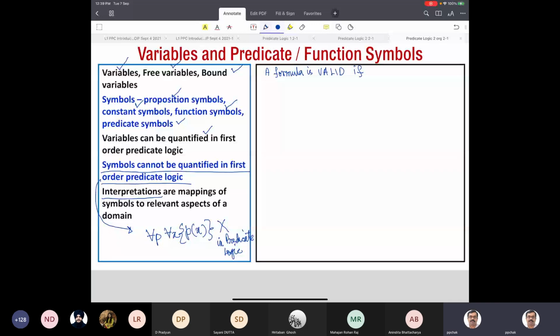Mayank Sonu, are you there? Yes, sir. So a formula is valid if it is... anybody would like to suggest? If it is true for all interpretations.